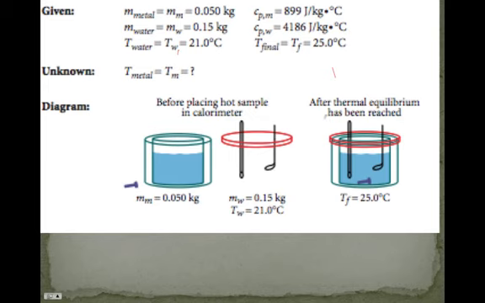So we have our before, we have our after, and the after is once all the heat's been transferred. In this case, the heat that the water gained is the heat the metal lost.